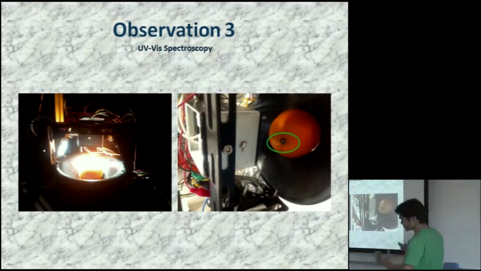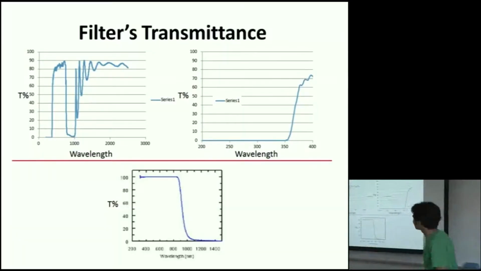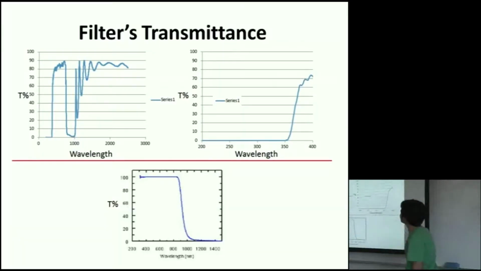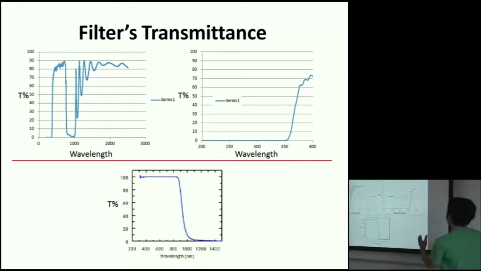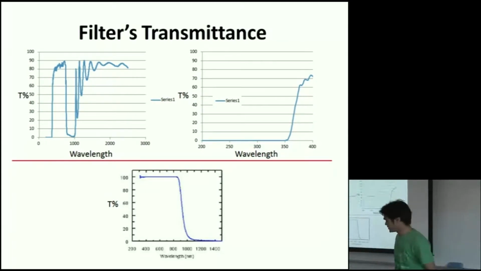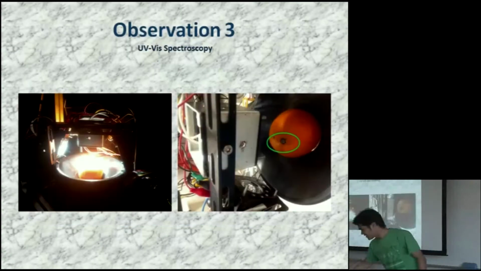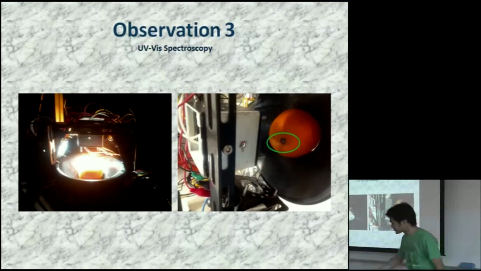I try to use this filter to avoid the high temperature, but because there is no high transmittance in the UV visible region, the filter cannot cut it fully. It is burned by the temperature of the lighting.